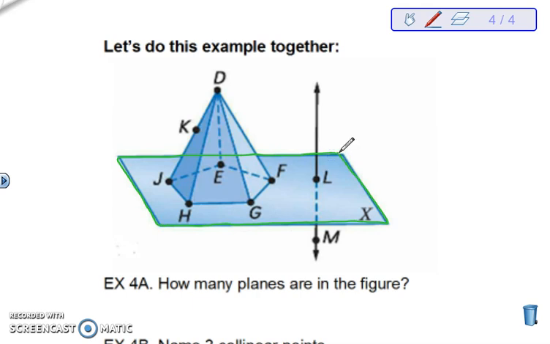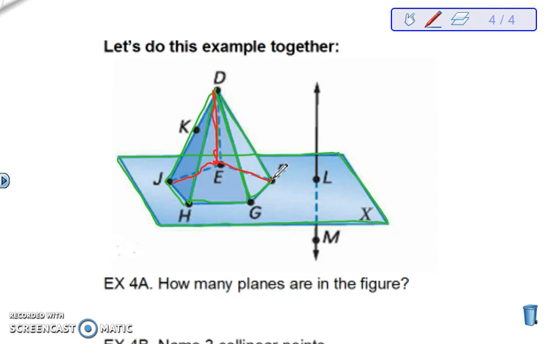But we have a bunch of other planes that make up the figure, that big shape that's in the middle there, right? That's a pyramid. We're going to go more into pyramids later in the year. But for right now, we just need to know that all these little figures are planes. They all count. So when we're counting up our planes, we need to include those as well.